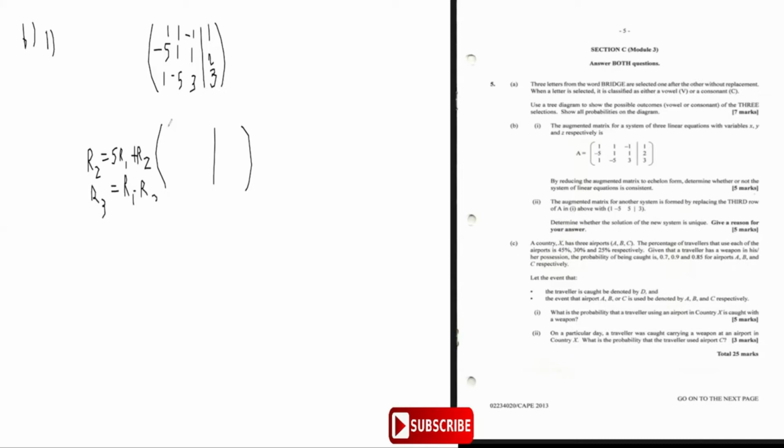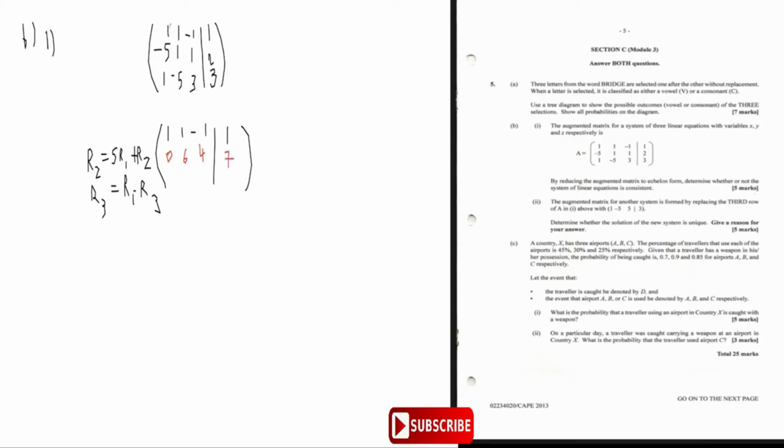Remember, the first row remains the same, 1, 1, minus 1, 1. Let's look at what happened now. 5 times 1 is 5 plus minus 5 is 0. Then 5 times 1 is 5 plus 1 is 6. Then 5 times minus 1 is minus 5 plus 1 is 4. Then 5 times 1 is 5 plus 2 is 7.